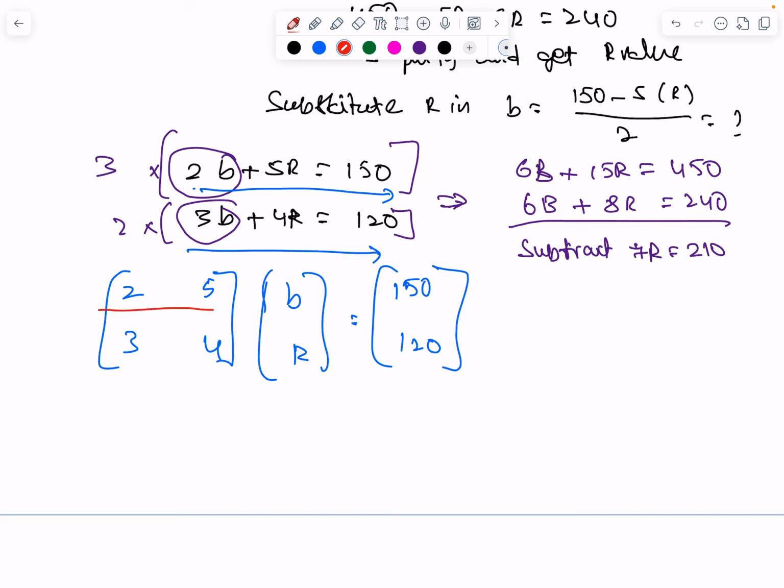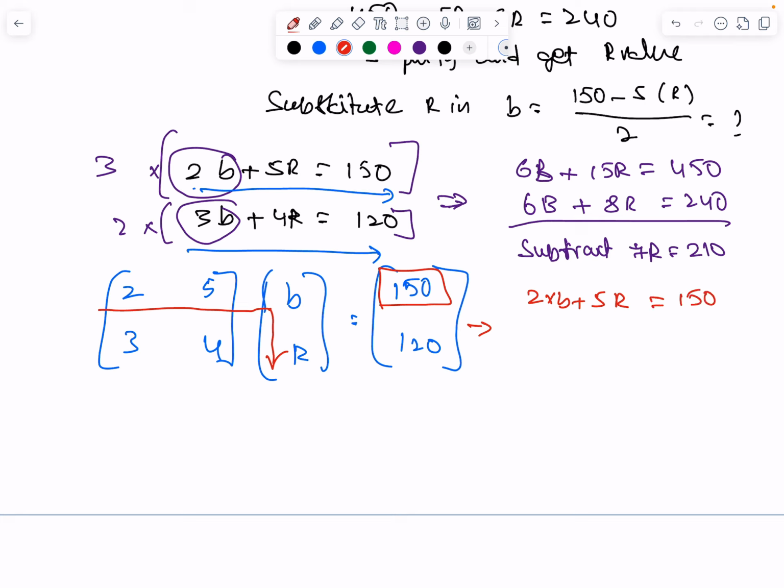This is the first row, and you multiply this data with this and equate it to 150. That is 2 into b plus 5 into r. You may ask, if there is no sign, it means plus only. Therefore, I am writing 2b plus 5r is equal to 150.